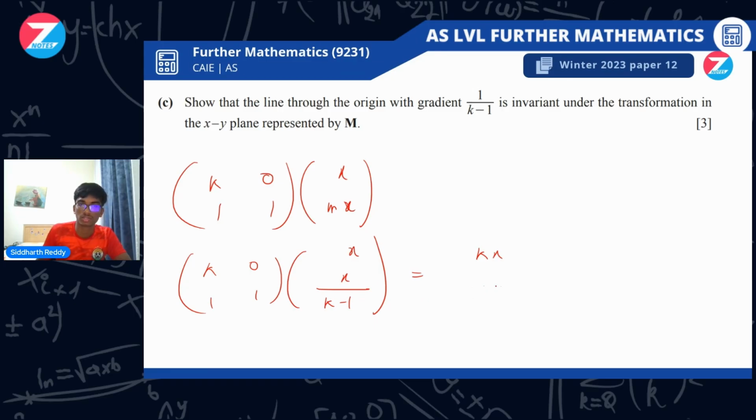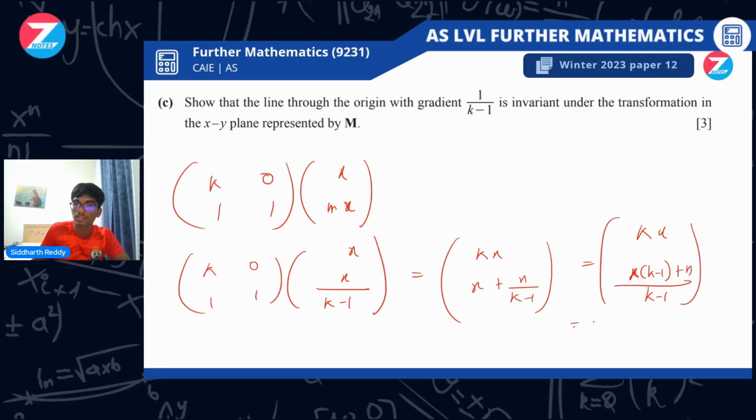And on the second row, we get x plus x by k minus 1. So we can write this as kx, and x into k minus 1 plus x, all by k minus 1. And this becomes kx into k minus 1 plus x, and that is nothing but kx minus x plus x. So this becomes kx by k minus 1.